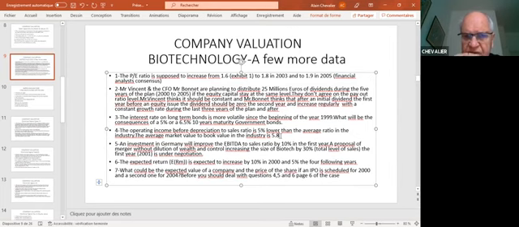Point 6, the expected return, which is the data you find in the capital asset pricing model, is expected to increase by 10% in 2000 and 5% the 4 following years. What are the consequences?